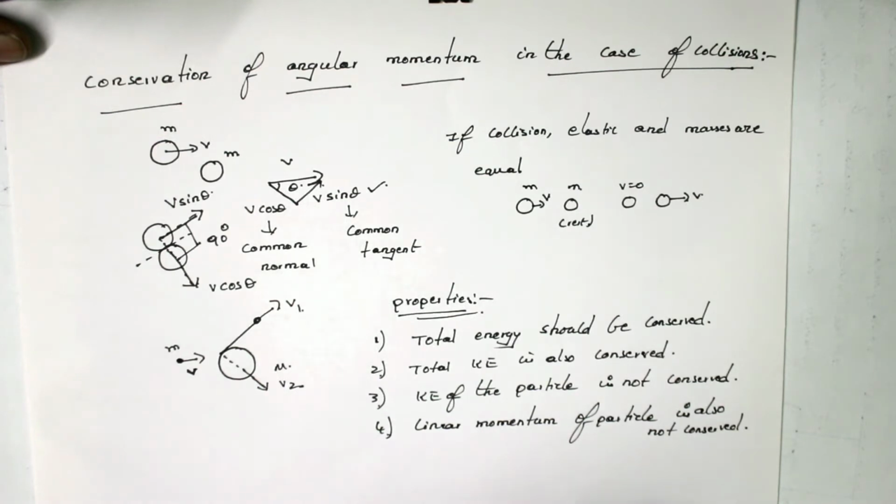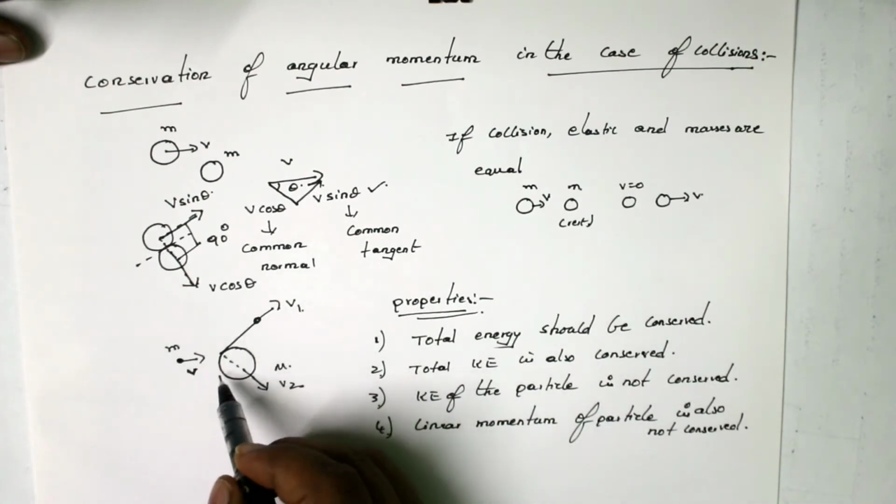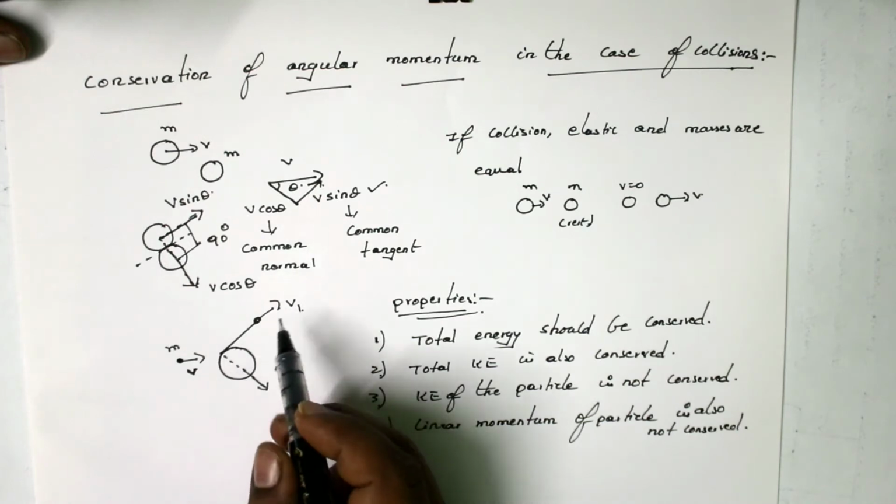But if I consider angular momentum immediately after collision, then angular momentum is conserved, because this bigger sphere is not giving any angular impulse on this particle.